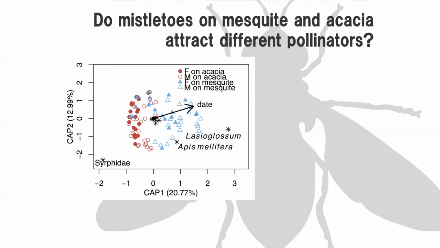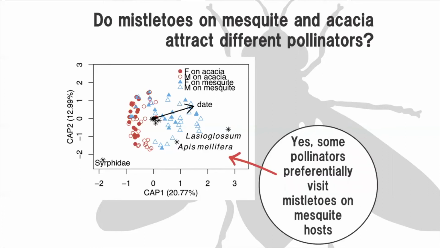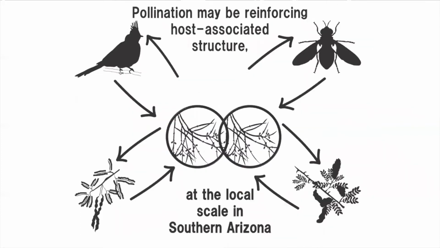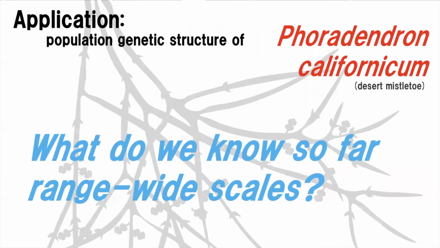And the points are colored based on whether the mistletoes were on cat claw acacia or velvet mesquite. And we can see that there are a few different pollinator groups that do preferentially visit mistletoe on mesquites or the reverse on acacia. So unlike dispersal, pollination may be reinforcing host-associated structure at the local scale in southern Arizona.